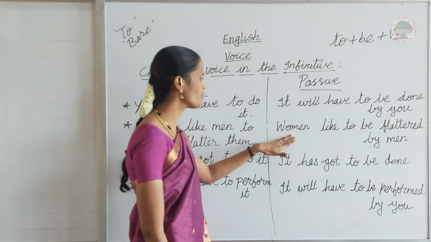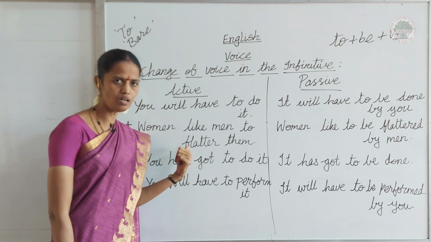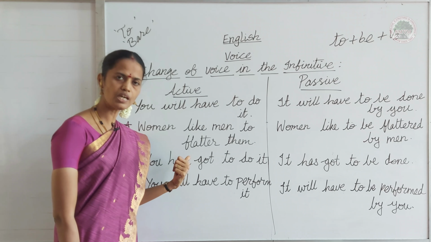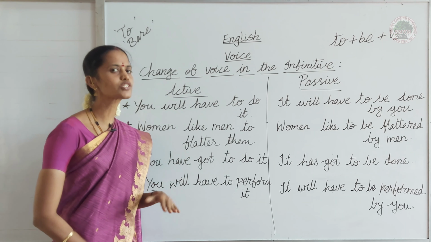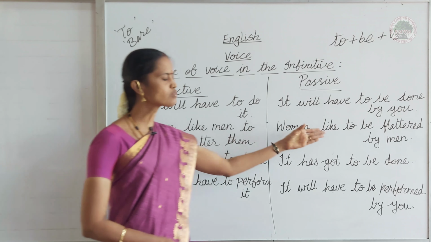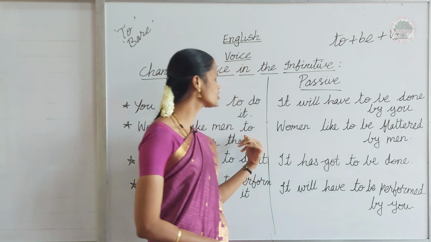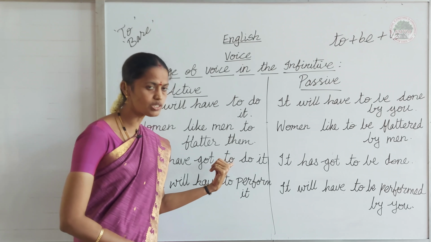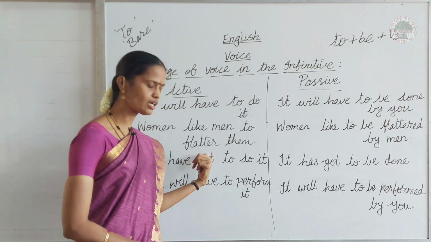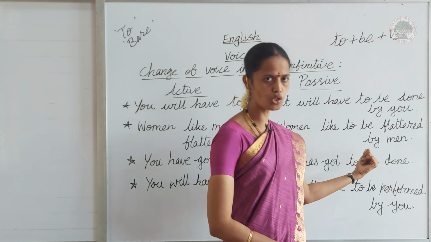Okay. So, women. Then what about the main verb we have used in active voice here? "Like." As I stated, we should not make any changes in the main verb. We have written that "like" as it is. Then what about the to-infinitive we have used? "To flatter." So what is the structure? We have to use the "to."